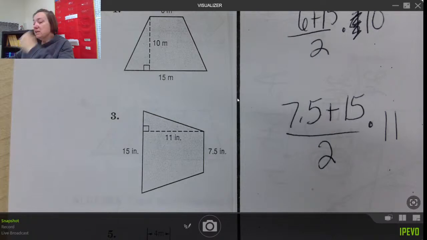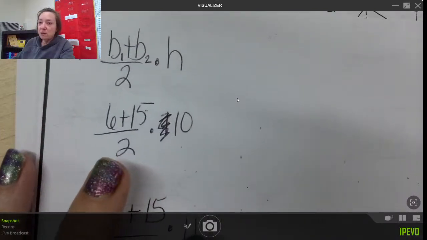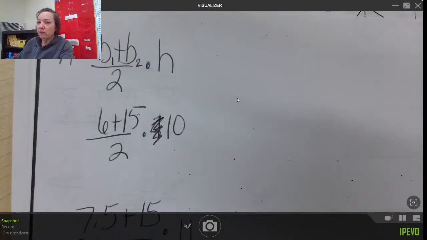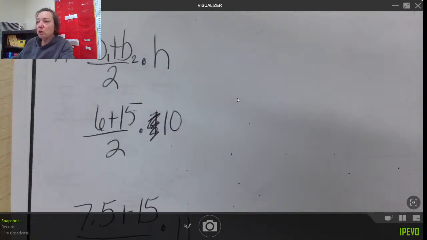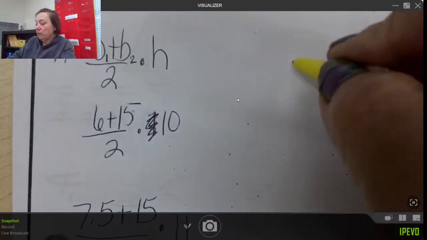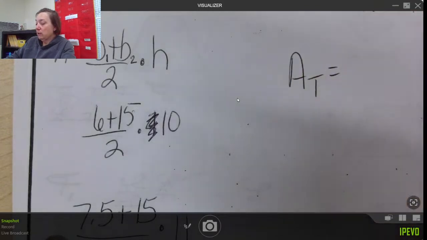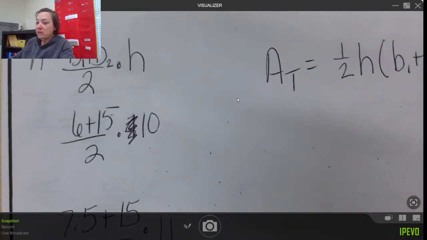So, I do want to show you something. I didn't show it the first hour because a few of them get confused easily. The official formula doesn't really look like this. The official formula for the area of a trapezoid is 1/2 times height times this.